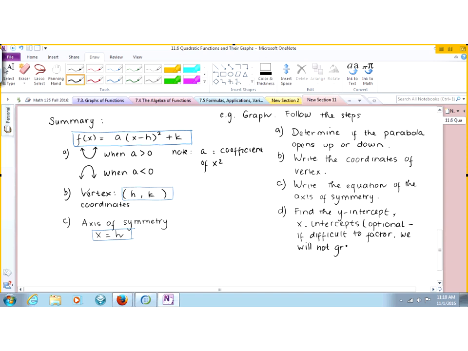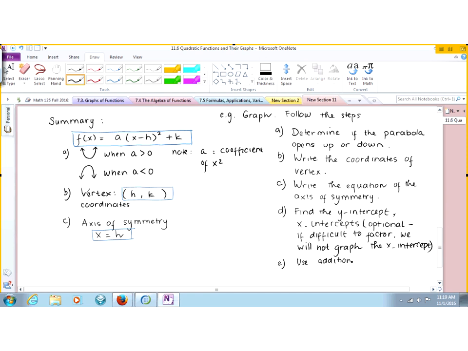We will not graph the x-intercept. Okay, so which one is optional? The x-intercept. Yeah. The y-intercept is easy to find, but sometimes the x is a little bit harder. So sometimes we don't graph it.